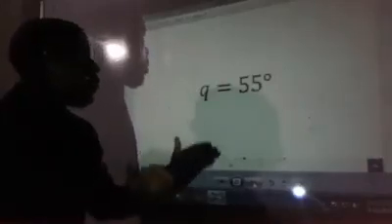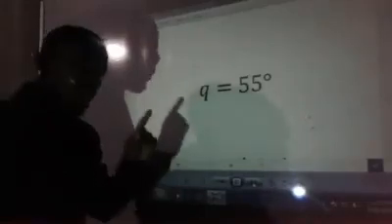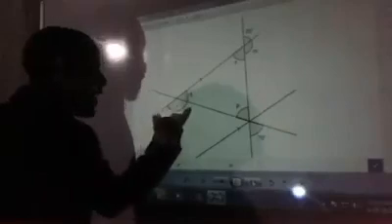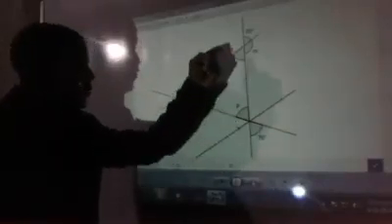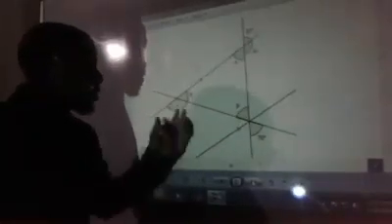So we basically have most of our angles, and we are left with only one angle, R. We have P as 70 degrees, N as 55 degrees, M as 125 degrees, and Q as 55 degrees. What happens to our R?